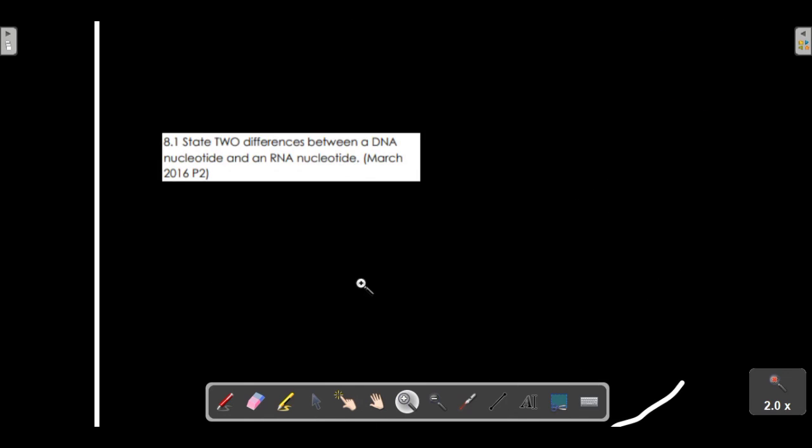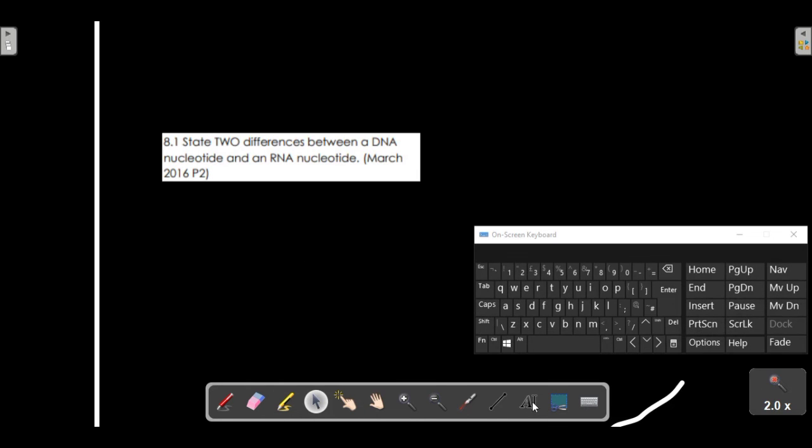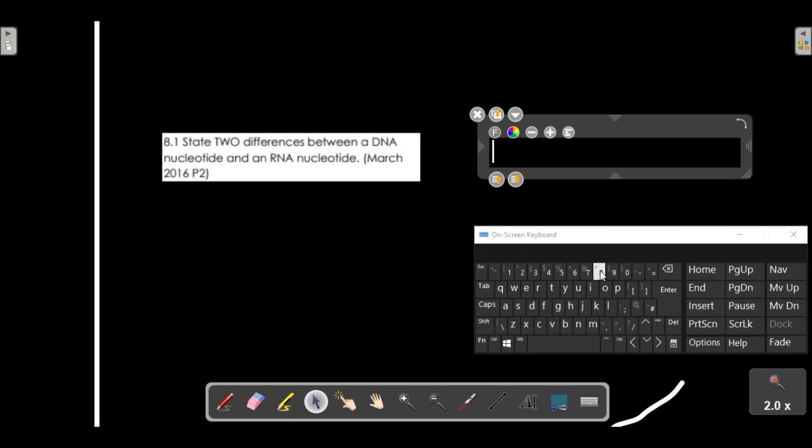This is the last one before we wrap up this session. 8.1 says, state two differences between a DNA nucleotide and an RNA nucleotide. We went through these, guys. What did we say? Maybe let's tabulate, DNA and then RNA.